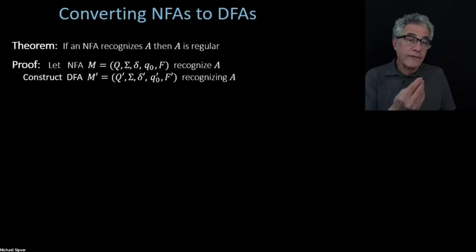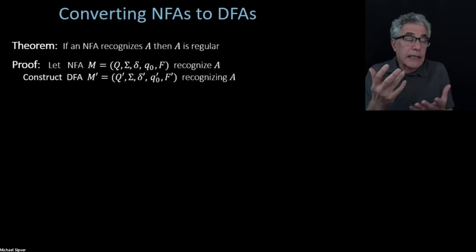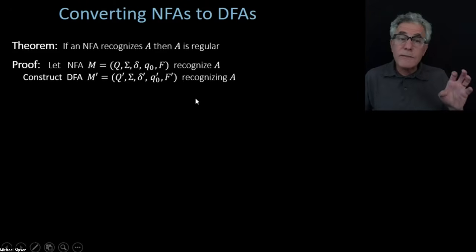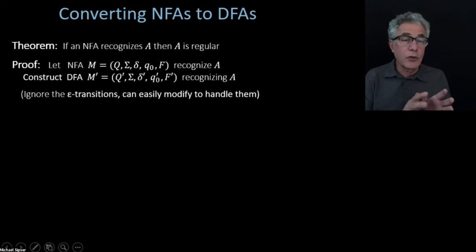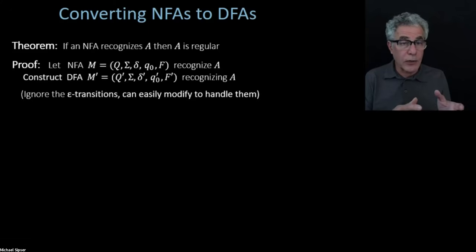So we can take an NFA that has non-determinism and find another DFA which doesn't have non-determinism but accepts exactly the same strings, even though it lacks that non-deterministic capability. This is going to be extremely useful, for example, in showing closure under concatenation. In this presentation, I'm going to ignore the epsilon transitions, because once you get the idea for how to do this, you could figure out how to incorporate them.